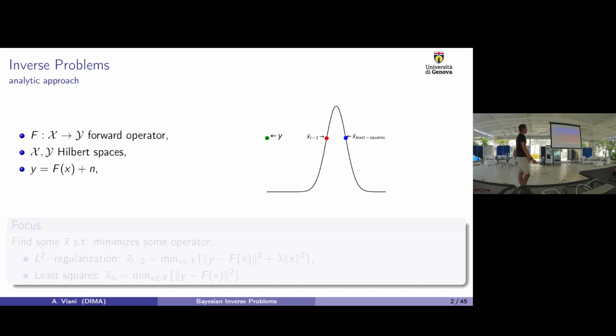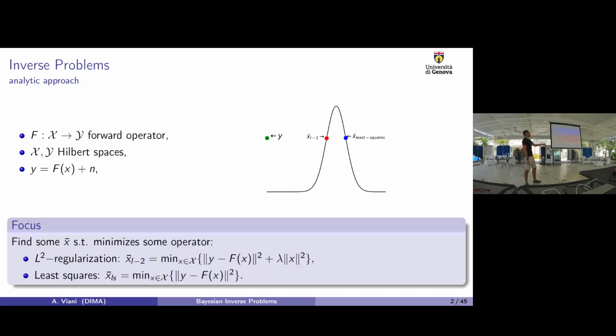In the analytical approach, what we commonly do is something like a L2 regularization or some other stuff like L1 or L variable P regularization, and something like least square. So we are looking for the configurations of the unknown that best fits the data.